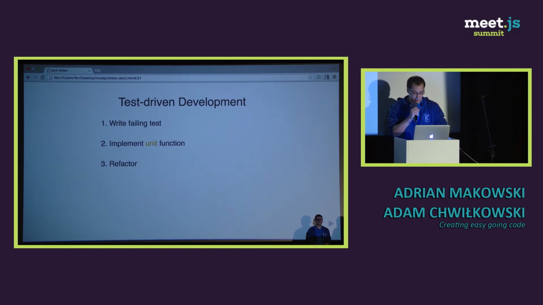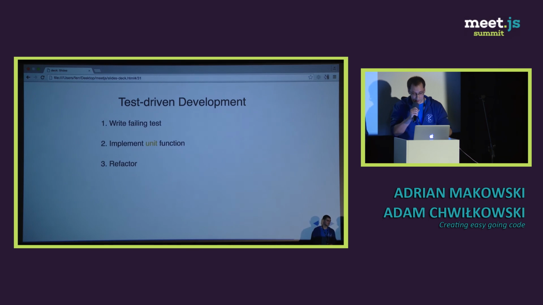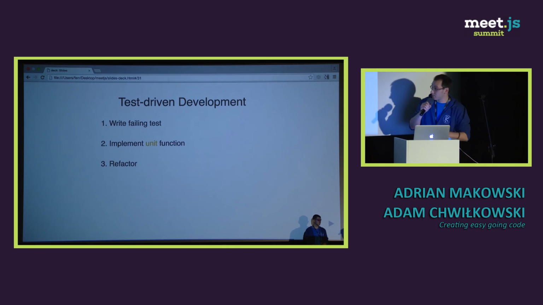Okay, but we have our architecture patterns, and how to be sure that we are safe when we are changing something? This is when test-driven development comes to our rescue. It consists of 3 steps: write a failing test, implement the unit function.